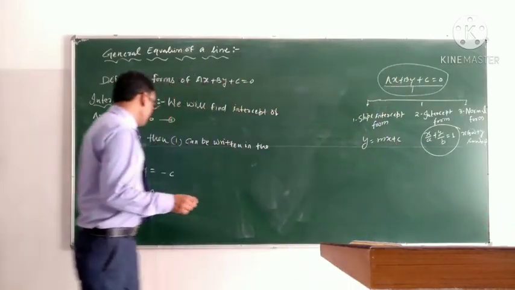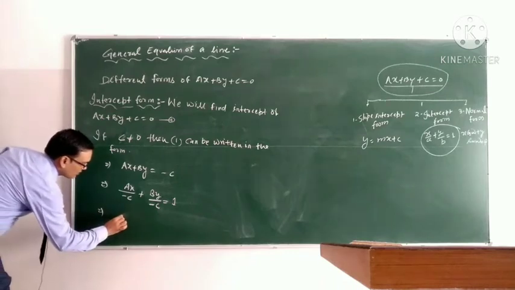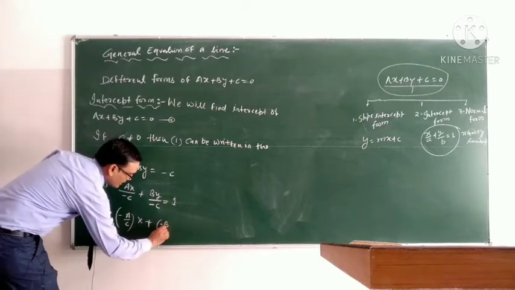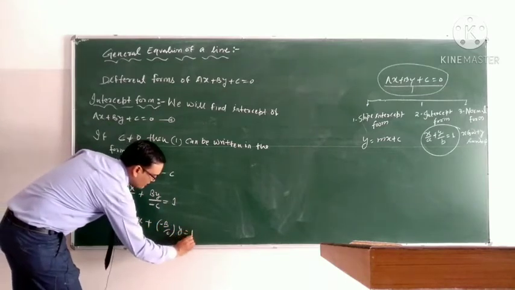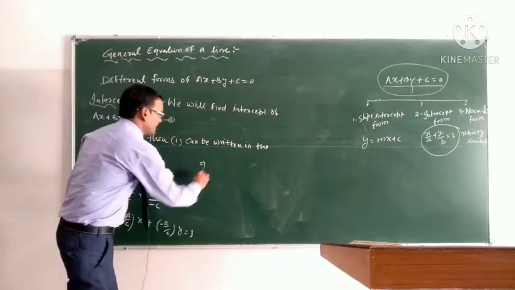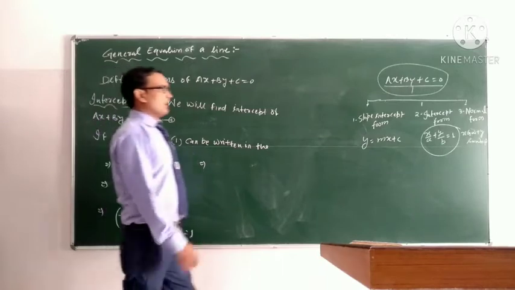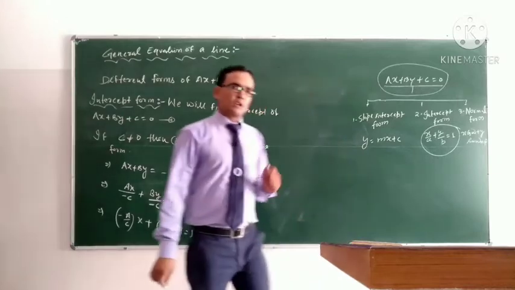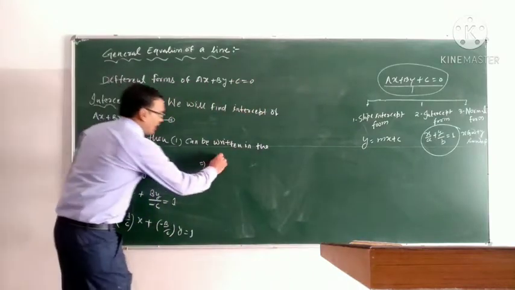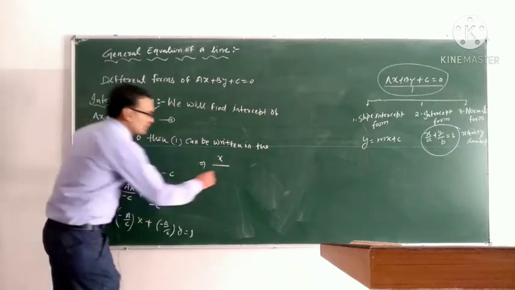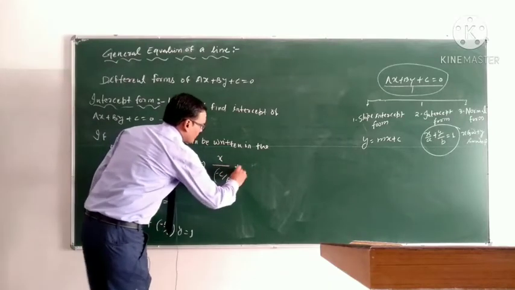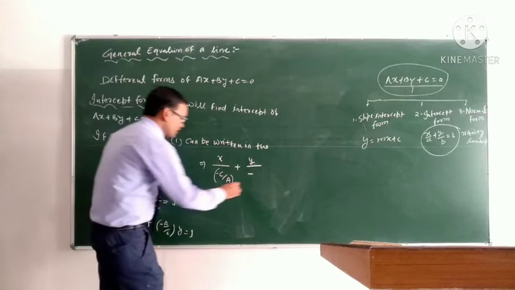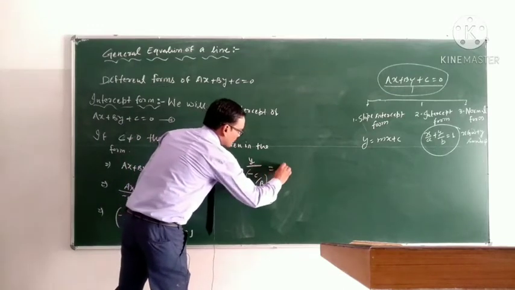This implies that minus a upon c into x plus minus b upon c into y is equal to 1. This implies that we convert it into the form x upon a plus y upon b is equal to 1: x upon minus c upon a plus y upon minus c upon b is equal to 1.